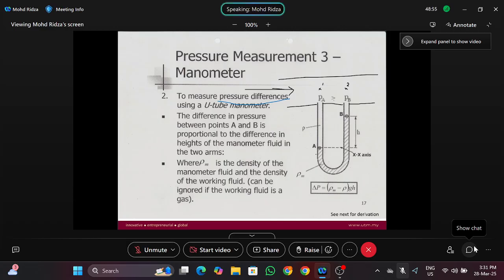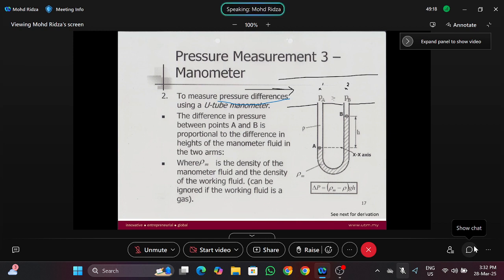Or let me give another requirement. It shouldn't be moving. It should be static. So the liquid in this manometer is not moving. Only the water in the pipe is moving. So this water in the pipe is moving, but here in the manometer it's not moving because it's static.